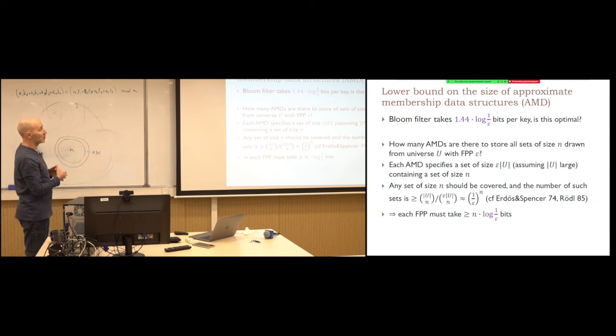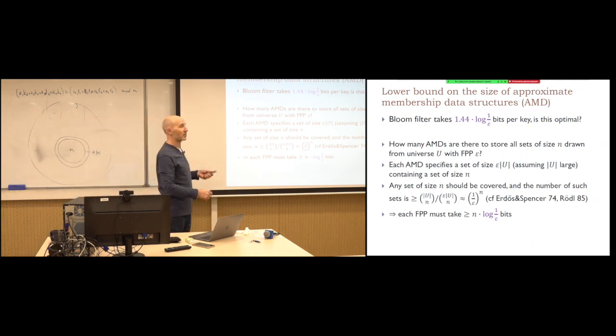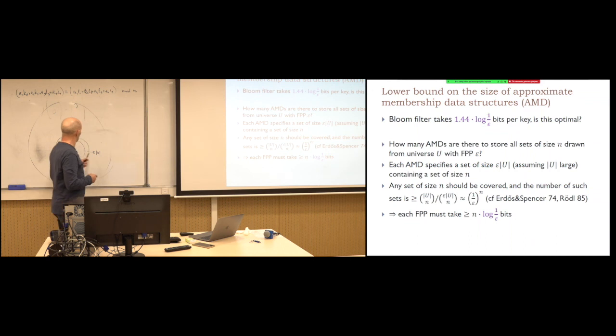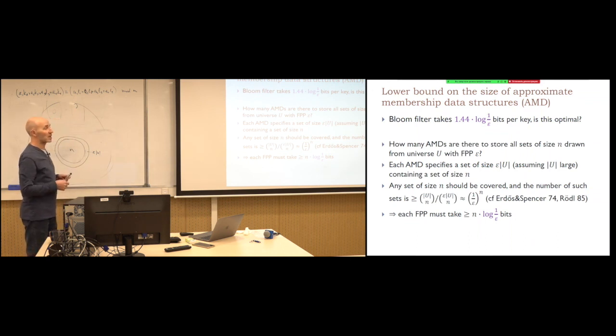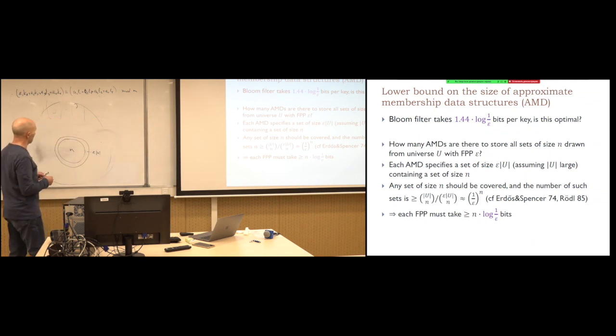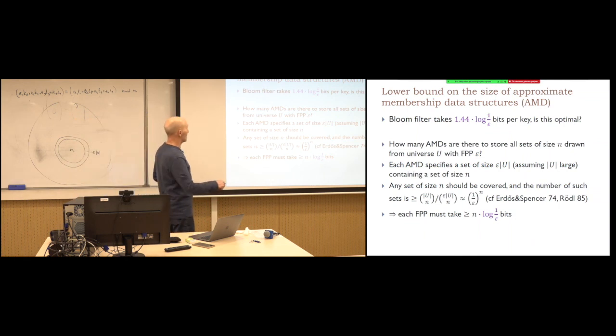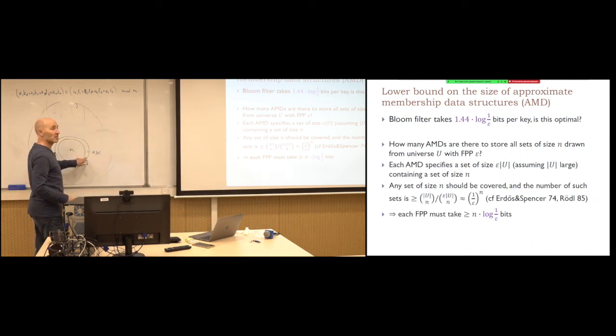This is a combinatorial problem, which is not simple. There are some Erdos type questions; the exact number of such sets is a complicated combinatorial question. But there is an easy lower bound, obtained by dividing the number of possible n sets, which is u choose n, by the number of small sets covered by each big set.